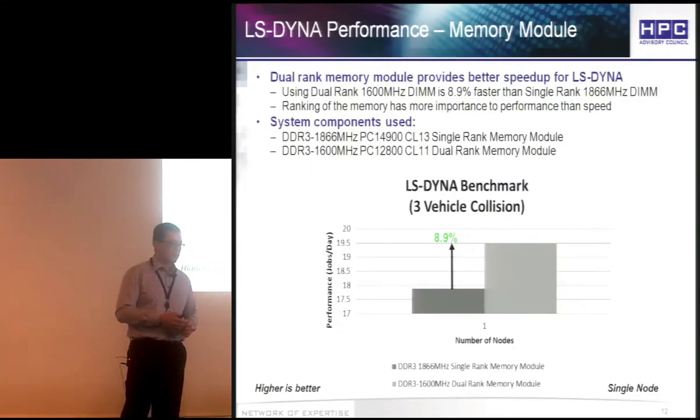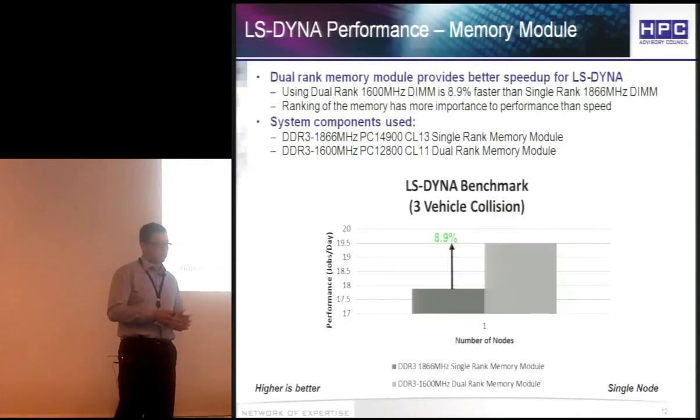Similarly, one of the questions I get asked once in a while is what would be the preferred configuration for memory. For this particular system architecture, Ivy Bridge, we have the choice of using single rank memory, and also dual rank memory with a slightly lower speed.